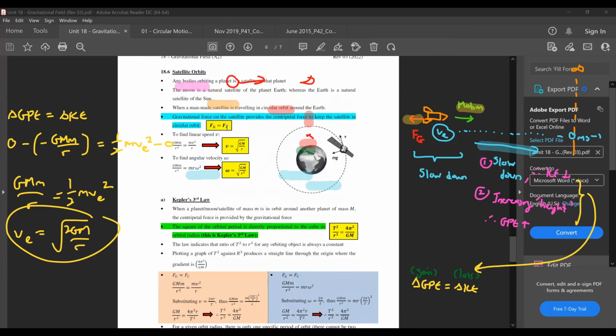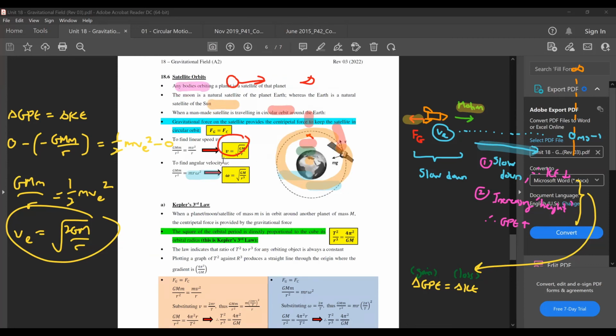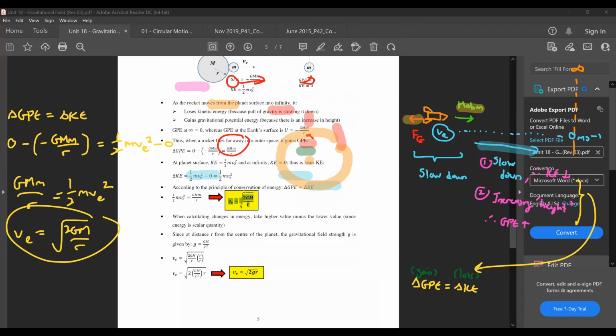The other one you see in the next page, the square root of GM over R, is talking about linear speed for a satellite or object that is moving in circular orbit around another planet. Although I'm talking about speed, they're actually talking about a different kind. One is linear speed, one is escape speed. They're two different things altogether.